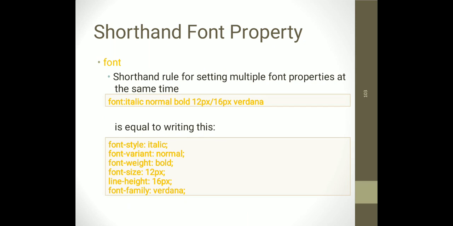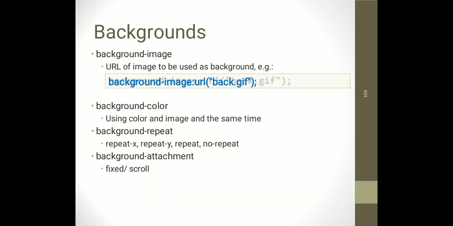We have seen that font is defined with a colon and values like italic, normal, bold, and the pixel size is provided like 12px by 16px, and this can be used as the shorthand font property.